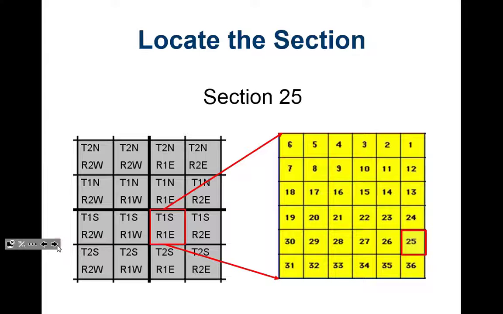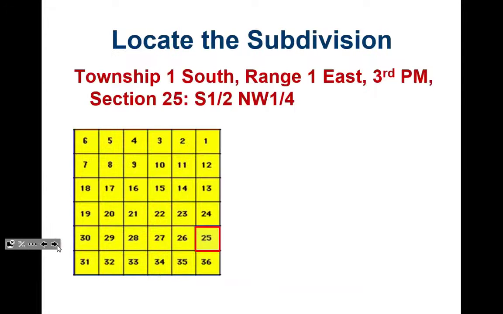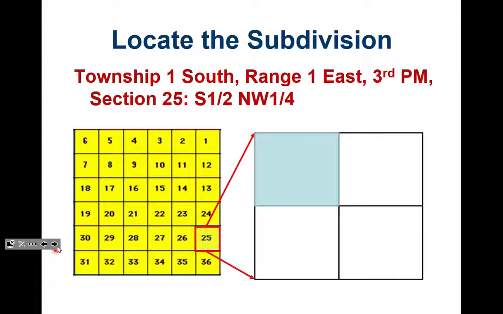Within section 25, remember that's that 1 square mile. Within section 25, looks like we're looking for the south half of the northwest quarter. Try to envision that in your head. South half of the northwest quarter. And we are looking at the south half of the northwest quarter. Remember, half. So south half of the northwest quarter.